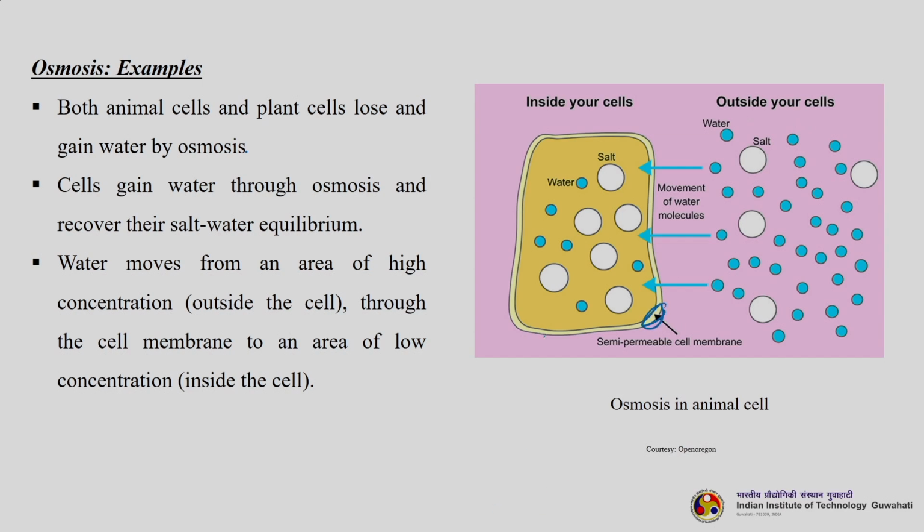This is the membrane, okay, this one, and this is water, and the big one is salt. So, movement of water molecules is happening from outside of the cell to inside of the cell, okay, and along with that of the salt. So, water moves from an area of high concentration, that is outside the cell, through the cell membrane to an area of low concentration inside the cell.